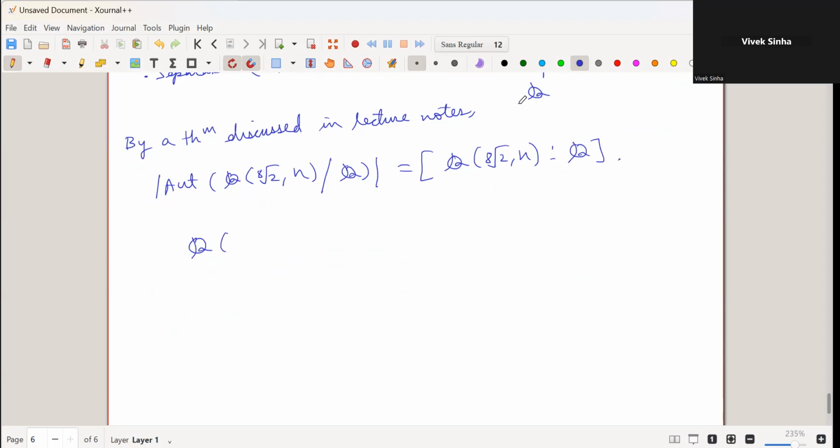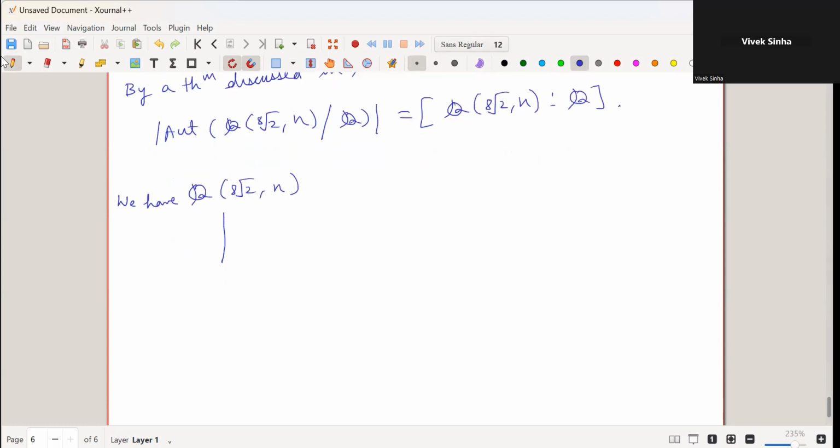Consider this tower. We have Q as an extension of Q adjoined eighth root of 2, which is an extension of Q, right?